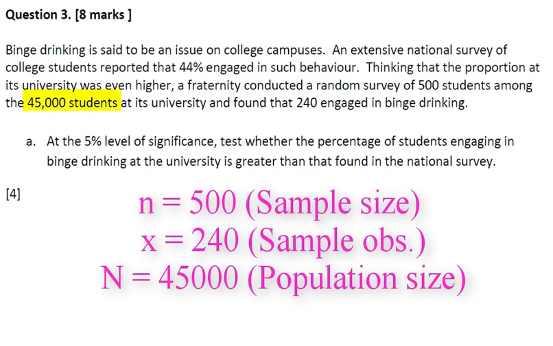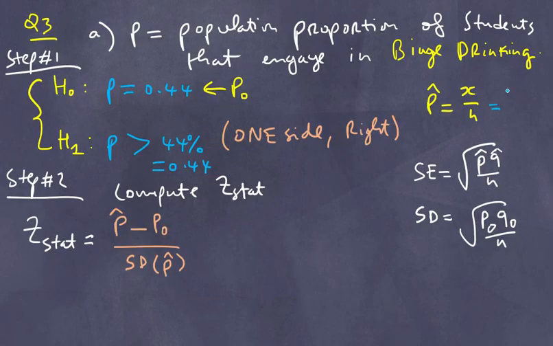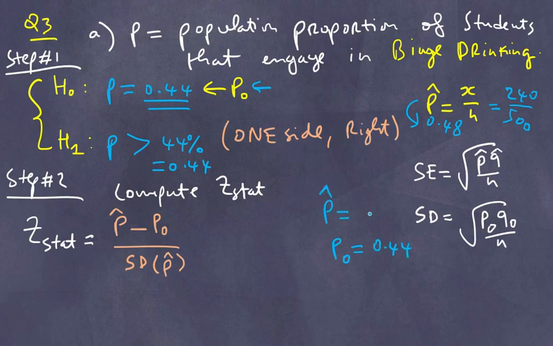We will ignore the population size in the calculation. So we have 240 divided by 500, and that's 0.48. So p hat is 0.48, but p0 is 0.44.